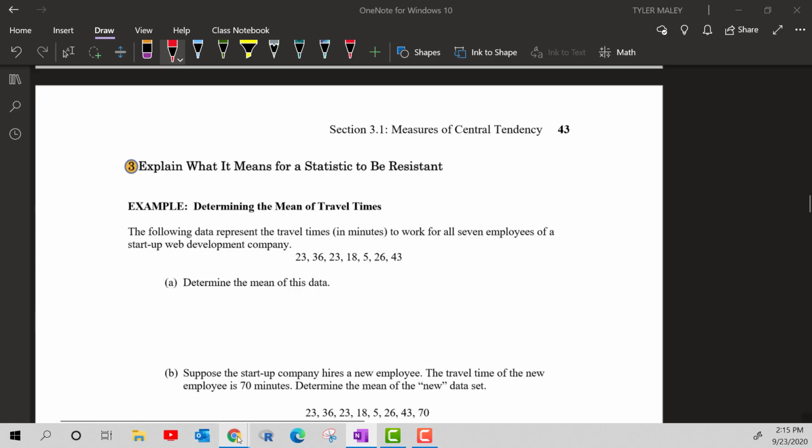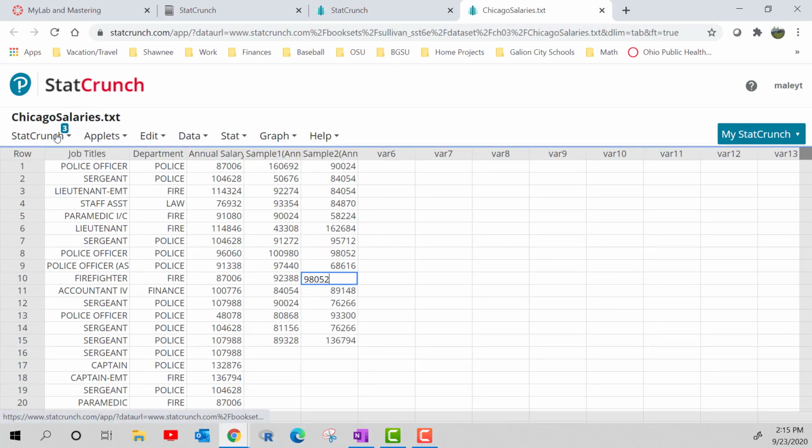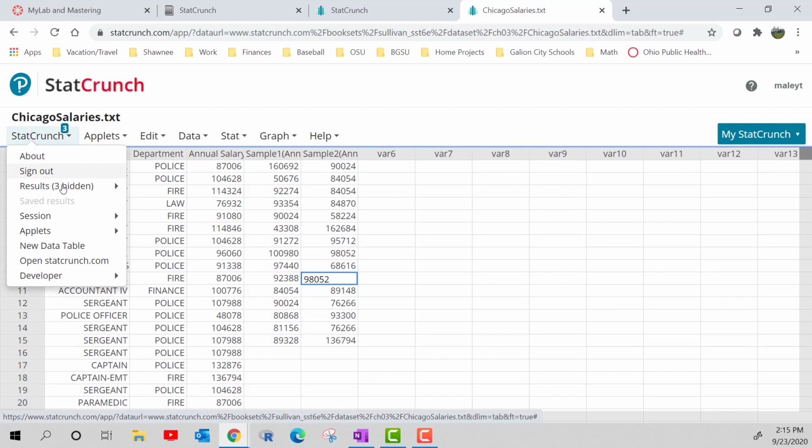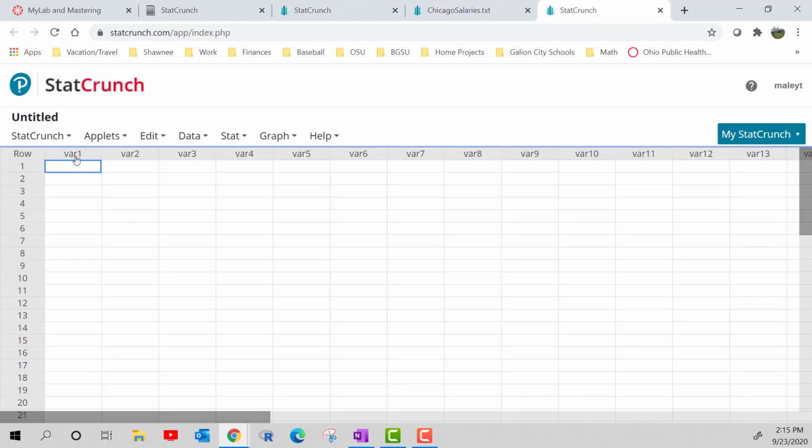You could double check that in StatCrunch if you wanted. So I'm just going to go to StatCrunch and open up a new data table. In variable 1, I'll put in our first set of numbers: 23, 36, 23, 18, 5, 26, 43.